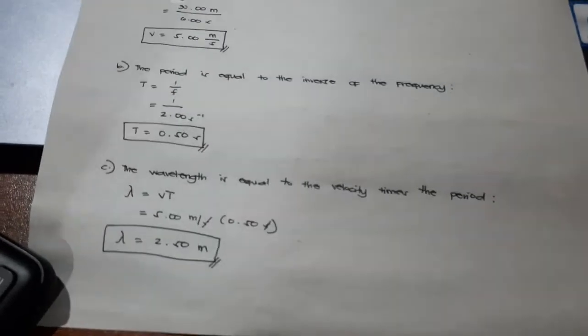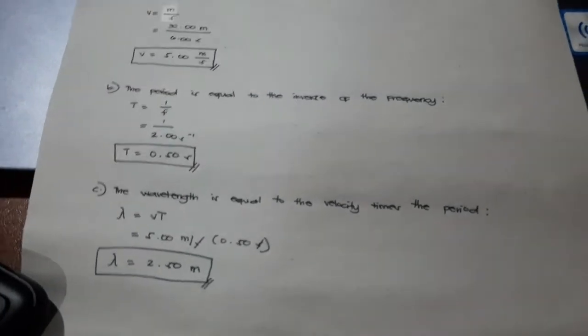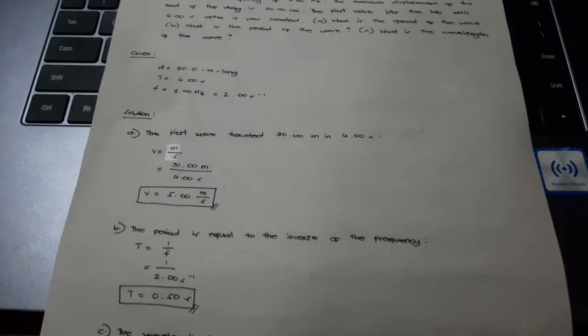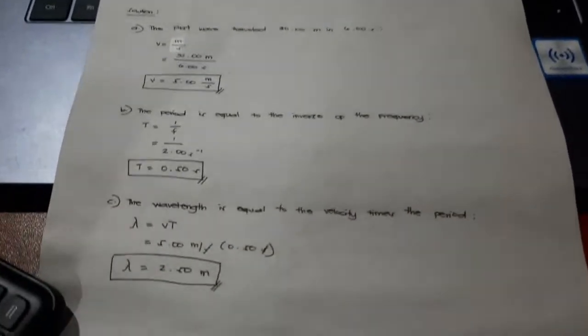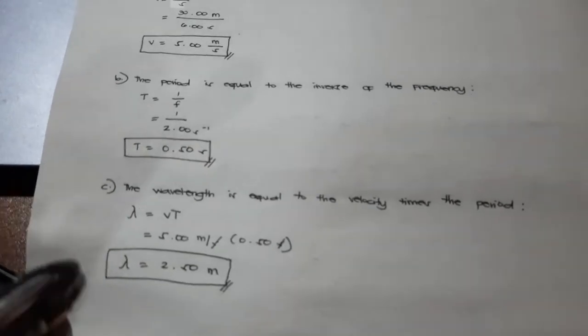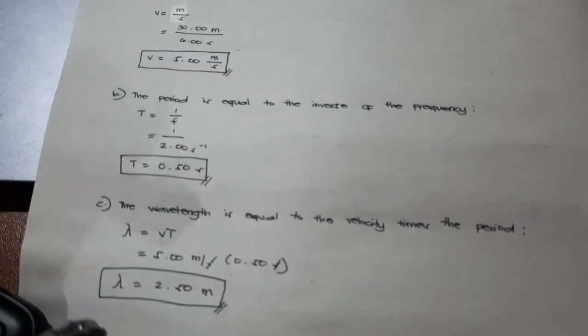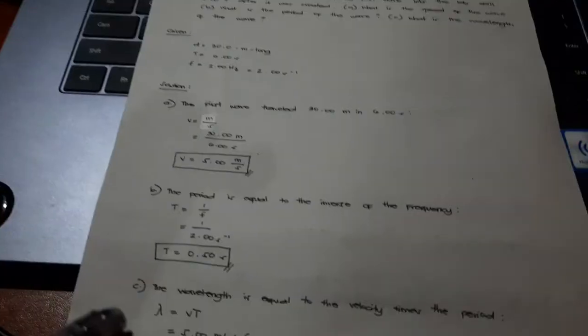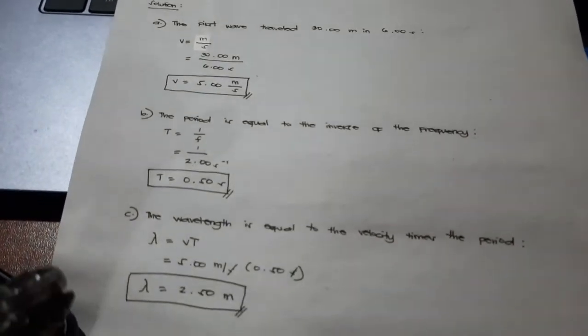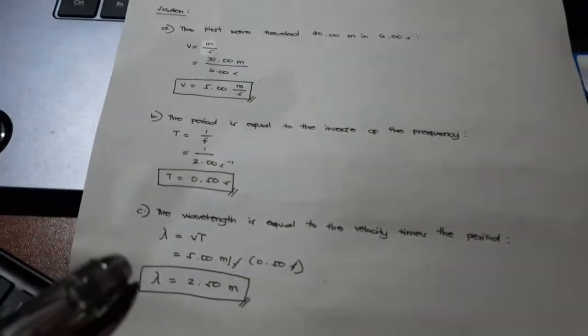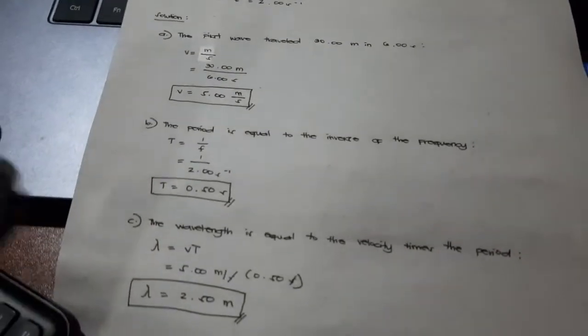Letter C, the wavelength is equal to the velocity times the period. What is the wavelength of the wave? To find the wavelength, we must use this formula: the speed of the wave times the period of the wave.